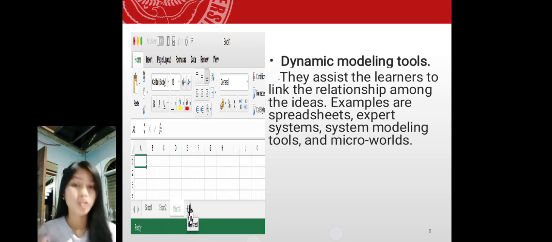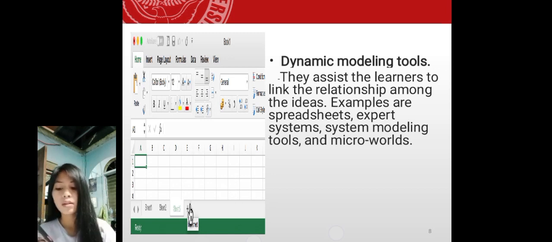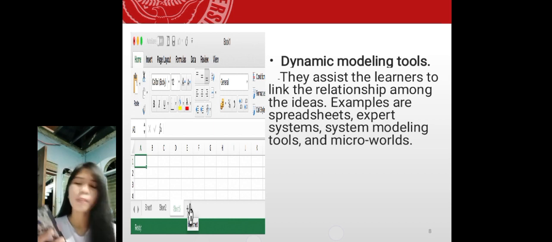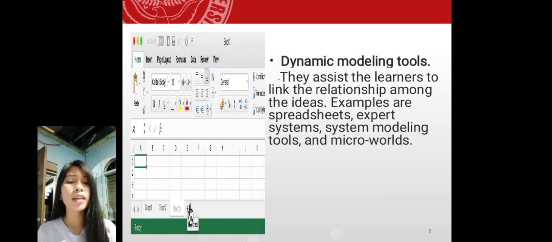Examples are spreadsheets, expert systems, system modeling tools, and microworlds. These tools used in the classroom get the students' attention about what they are learning, help the students identify the relationships among ideas and see the cause and effects, which makes the classroom more interactive.